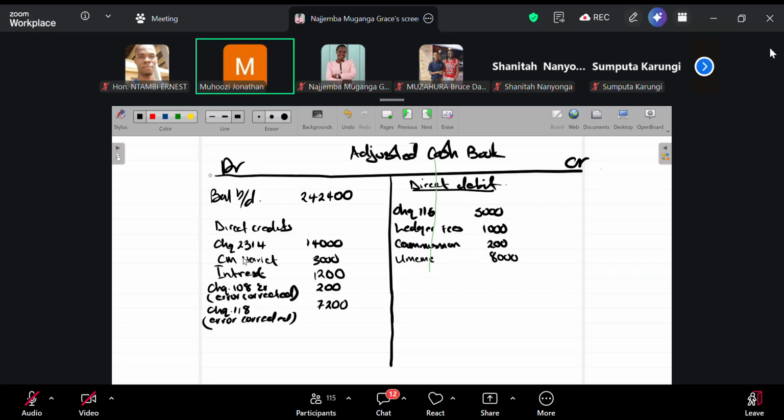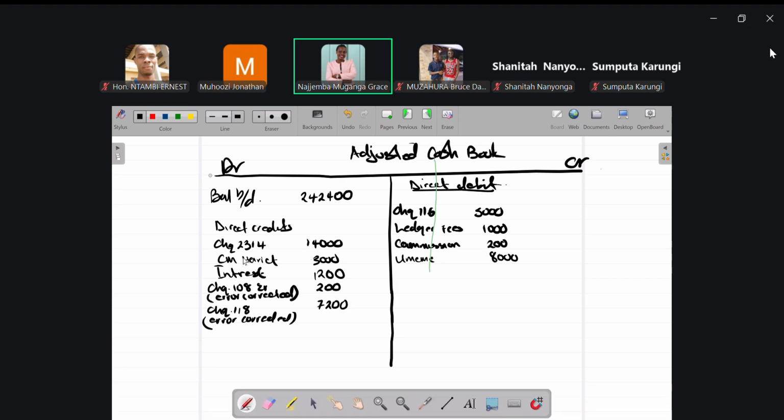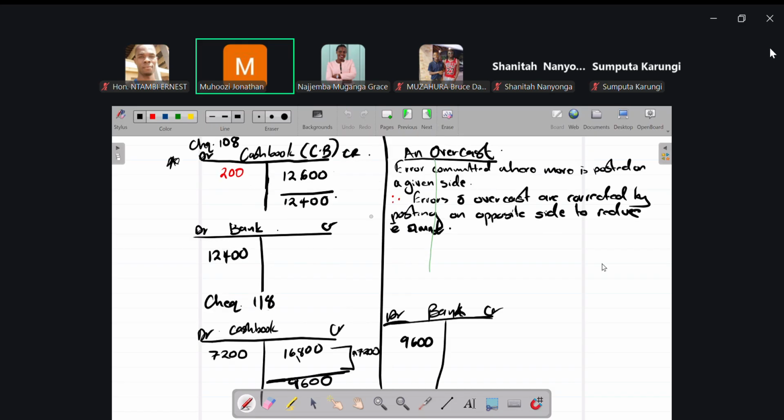Madam, here the question had said any error made is deemed to be made in the cash book. Can they say any error made is deemed to be made at maybe the bank? Can such a scenario happen? Yes, it's possible.